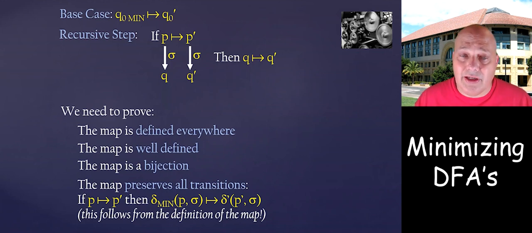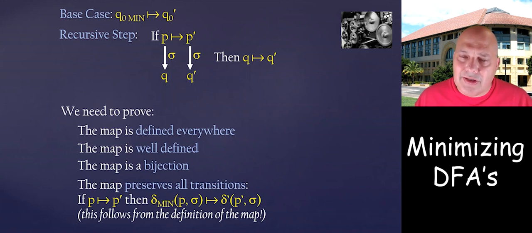So if P is mapped to P prime, then delta of M min of P sigma is mapped to delta prime of P prime sigma.